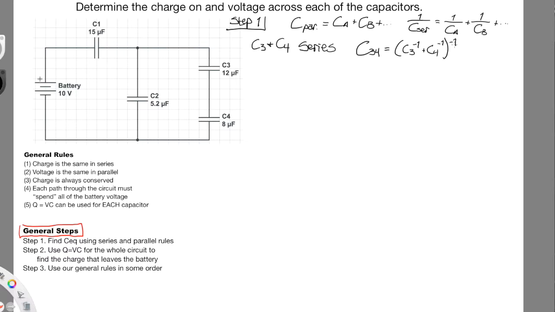And if we plug in our values, our 12 microfarad for C3 and our 8 microfarad for C4, we get a value for C34, the combination of capacitors 3 and 4, of 4.8 microfarads.